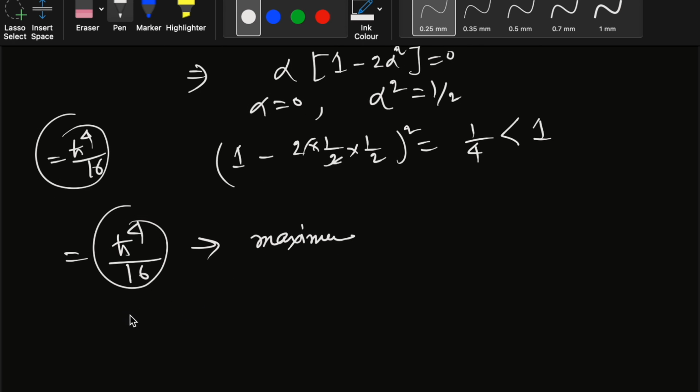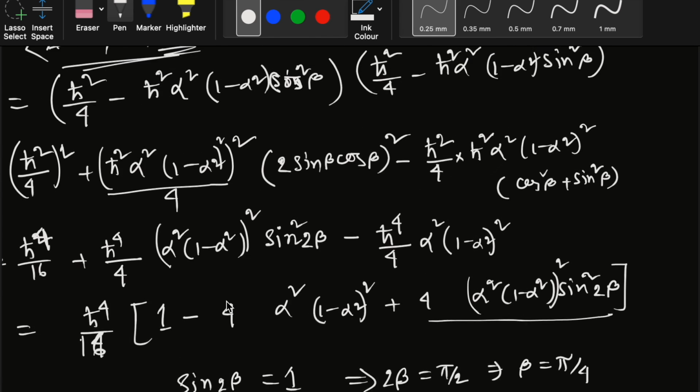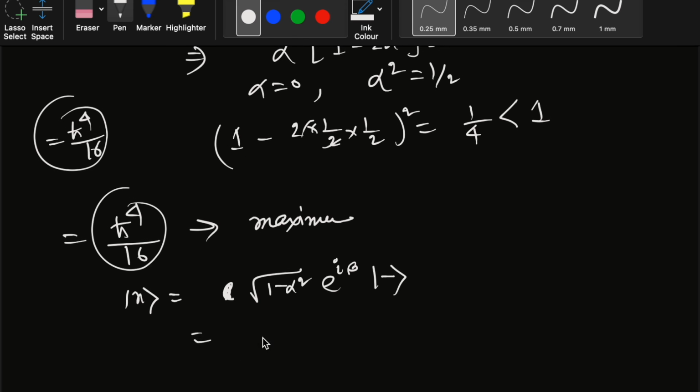Now what will be our state? Alpha is 0 and beta is pi by 4. That means alpha is 0, and root over 1 minus alpha square e to the power I beta will remain. That means alpha is 1, e to the power I pi by 4 minus.